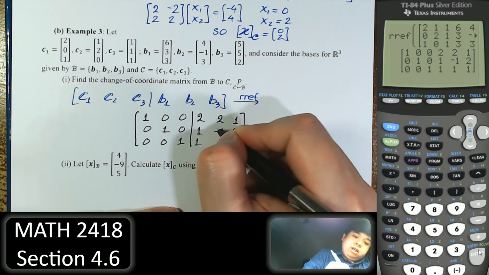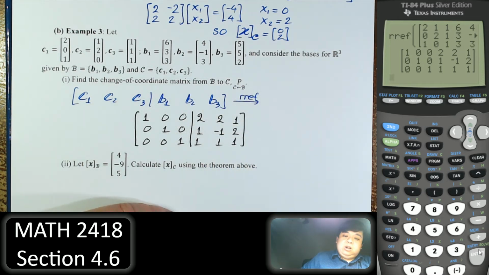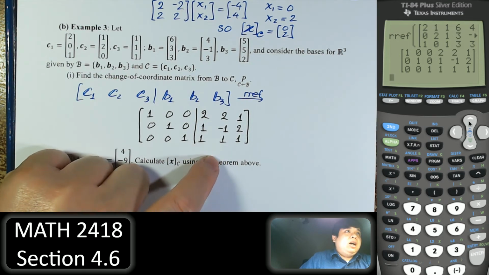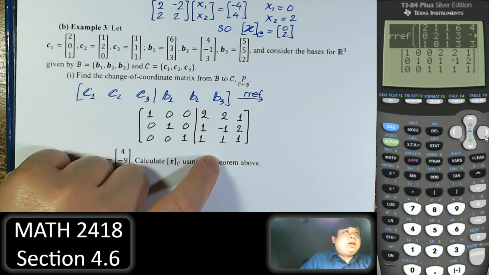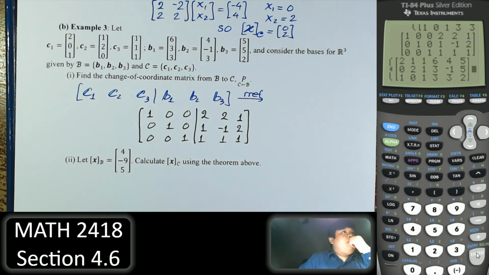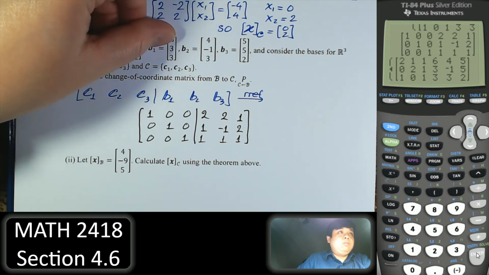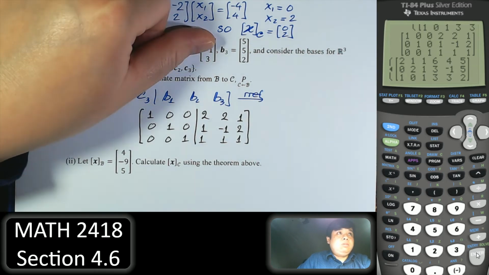Of course, this is going to be the change of coordinate matrix from B to C. So that's going to be that matrix. Just make sure that I enter it correctly.